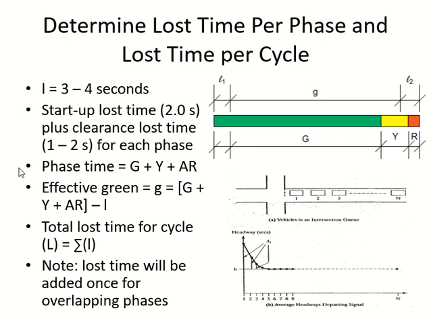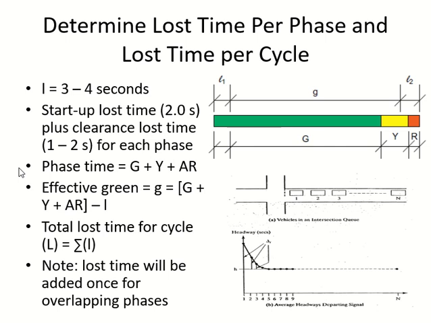Startup can be taken as around 2 seconds, plus clearance of 1 to 2 seconds. But I can calculate the clearance loss time exactly, from the all red time. So you can calculate the all red time exactly, and then add the 2 seconds of startup loss time.